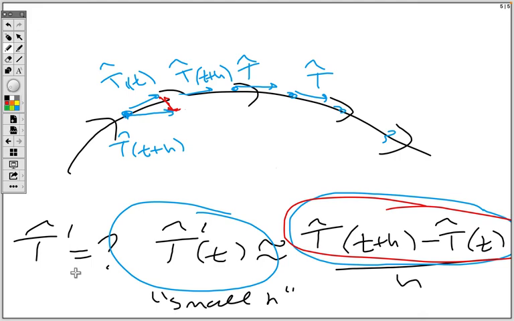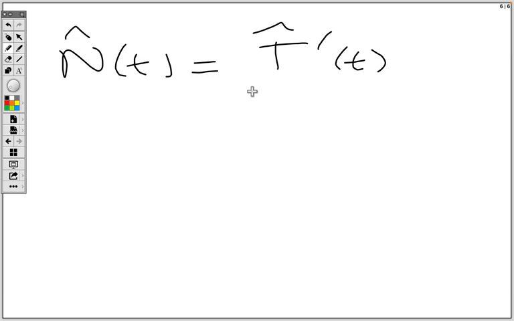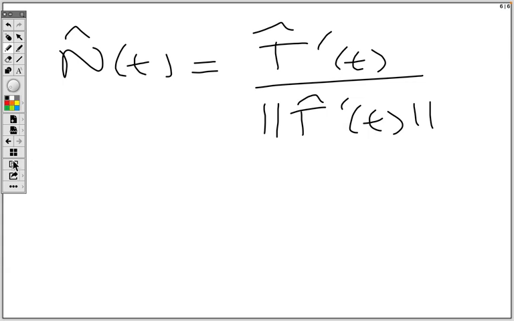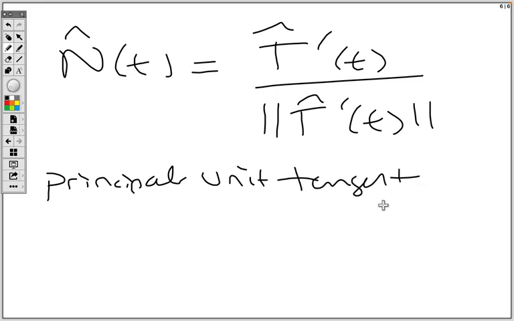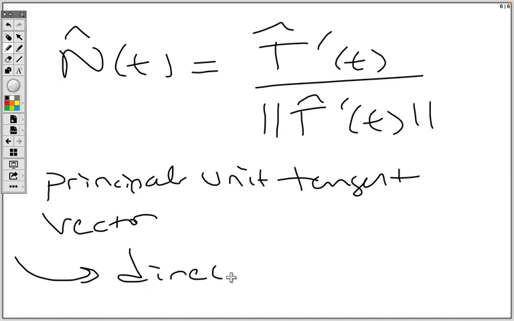So we're going to define N hat to be what you get when you normalize the derivative, T hat prime. This is called the principal unit normal vector. This is the direction you're turning.